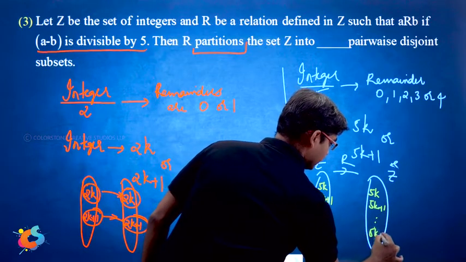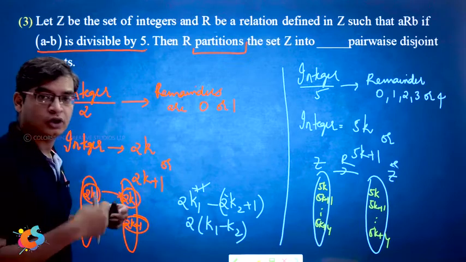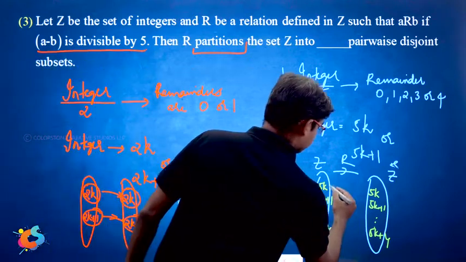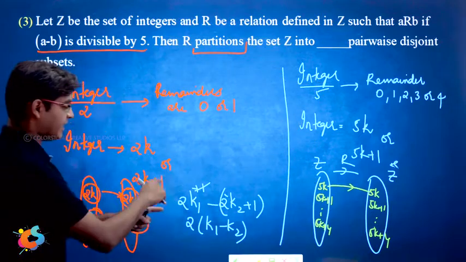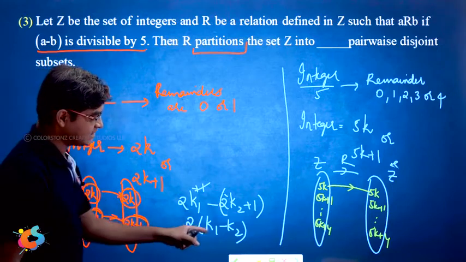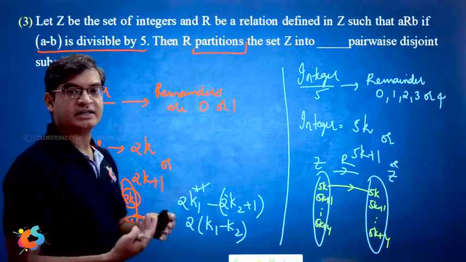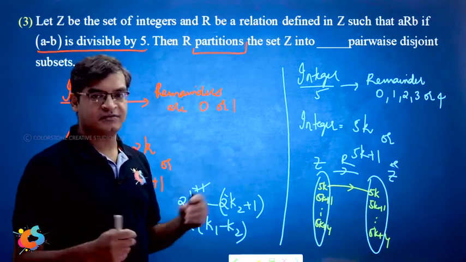Like mapping 2k to 2k type numbers, here I am mapping 5k to 5k type numbers. Then 5k1 minus 5k2 is 5 into (k1 minus k2). k1 and k2 are integers, and an integer minus an integer is an integer, so 5 times an integer is divisible by 5.